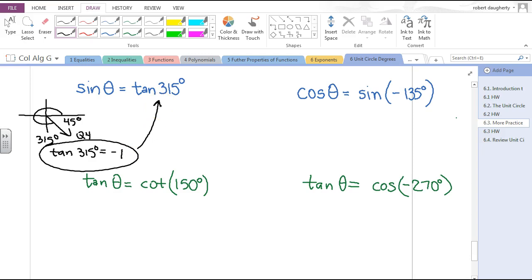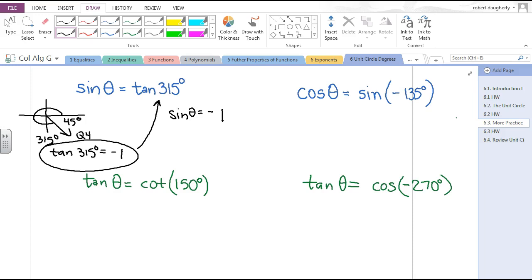Now this problem becomes sine of theta equals -1. So what does this mean? The sine is what value? The y value.